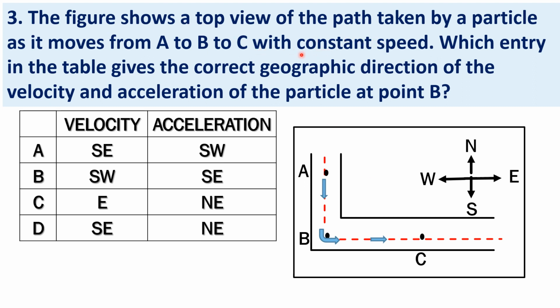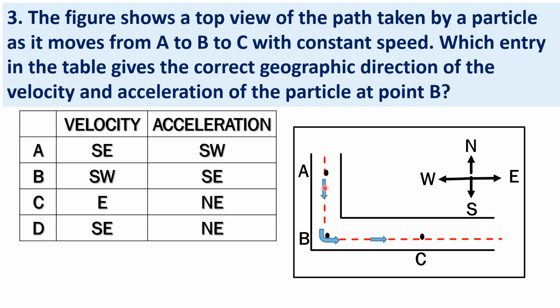Take note, with constant speed. Now, the question is, which entry in the table here gives the correct geographic direction of the velocity and acceleration of the particle at point B? All right, here is point B again. We can imagine the particle moving at constant speed.